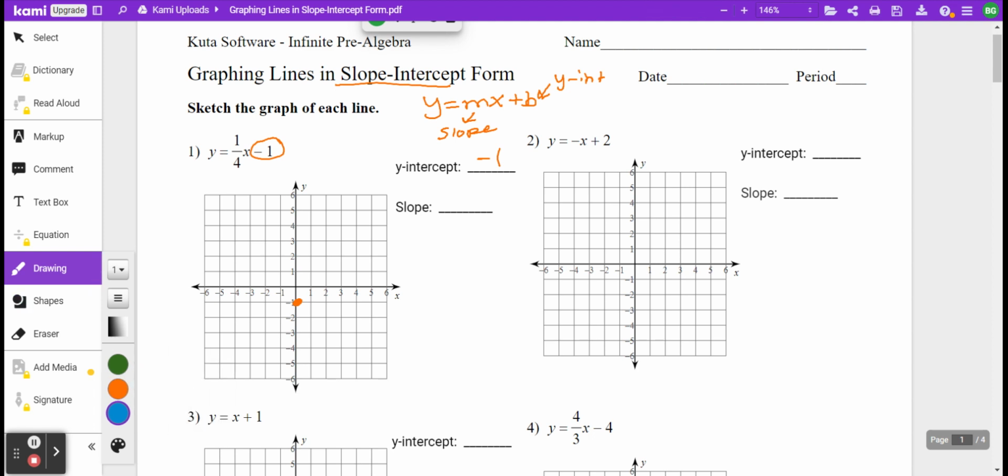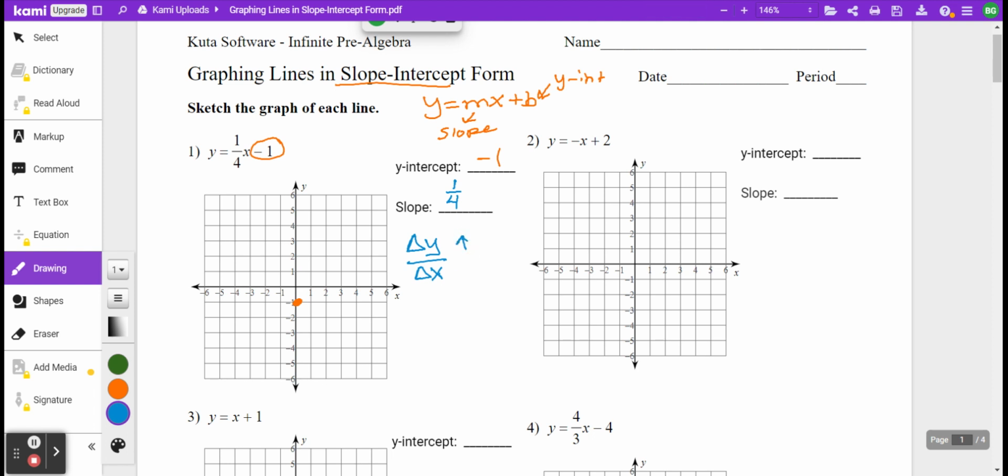Next part we're going to look at is my slope. And our slope here is 1/4. Remember, on slope, we're looking at the change in my y to the change in my x.